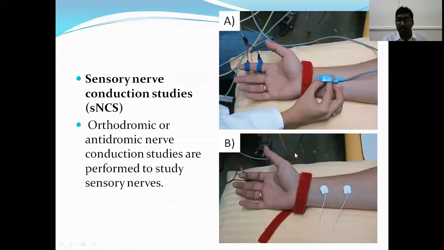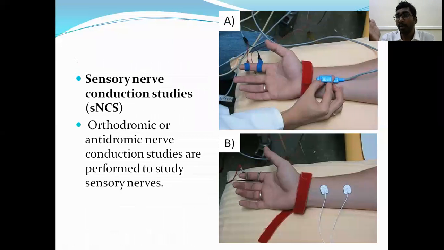Sensory nerve conduction studies are of two types, orthodromic and antidromic. What are orthodromic and antidromic? Orthodromic means the impulse travels in the natural direction of sensory nerve fibers. The sensory information travels like that. So you give an impulse here and record somewhere along the nerve fiber.